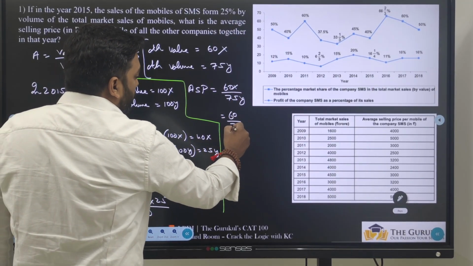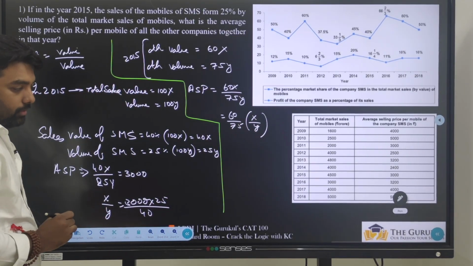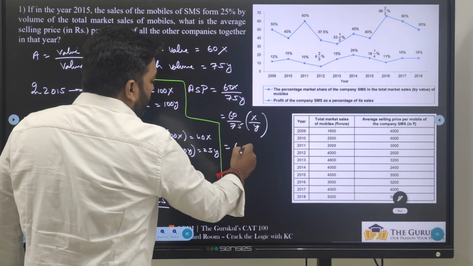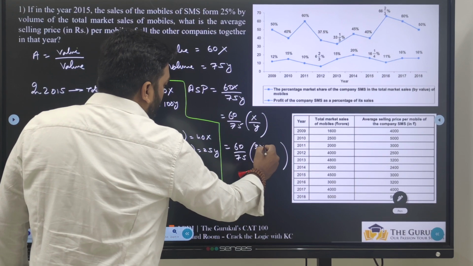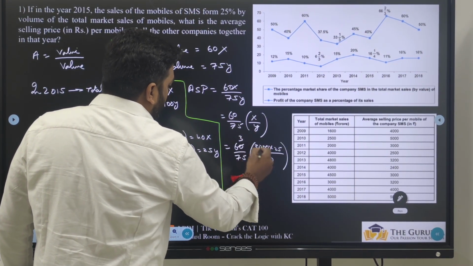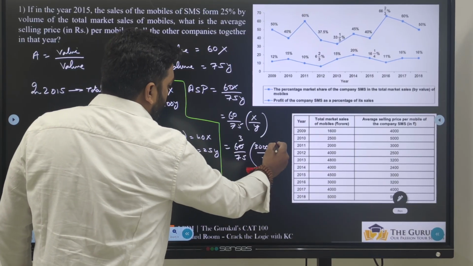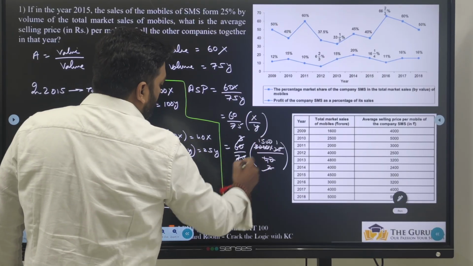But I already know x by y equal to something which is over here. If I substitute here, this will be 60 by 75 into 3000 into 25 by 40. This will be 1500.